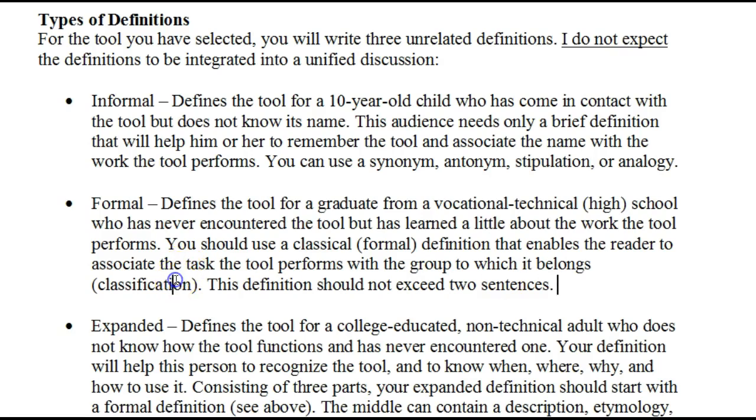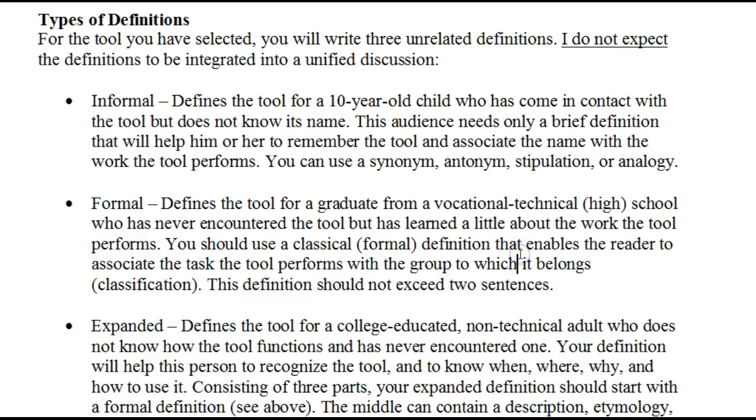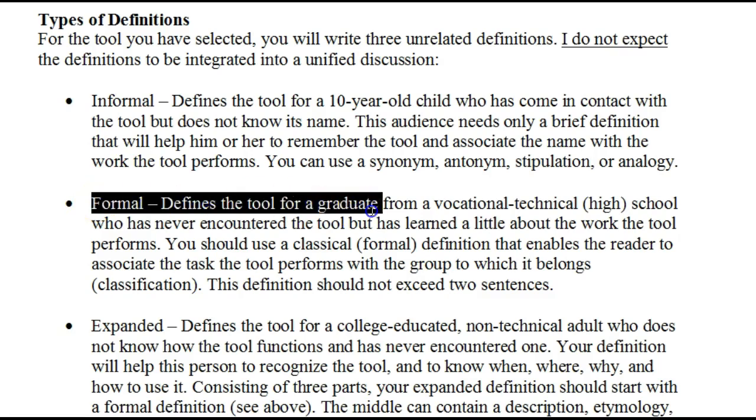So you're going to be talking about the classification of it. This definition should not exceed 2 sentences. Now you're using a different audience for this definition. So the first definition is informal, geared towards a 10-year-old child. The second definition is formal, and it's geared towards a graduate from a vocational or high school.